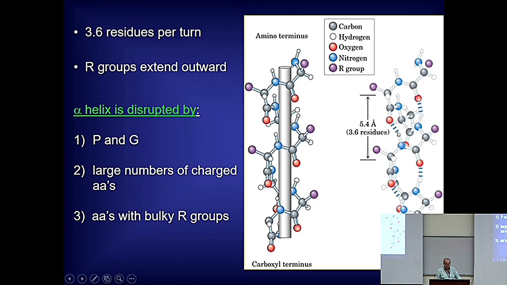All of these dashed blue lines are hydrogen bonds between peptide bonds, creating this organized alpha helical structure. Okay? And the R groups in purple are to the outside of that axis of that alpha helix.